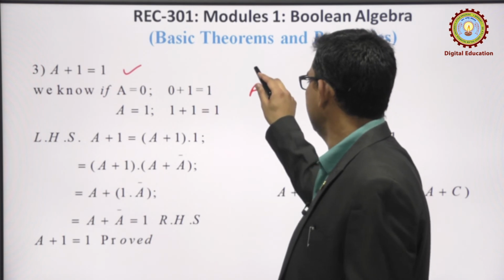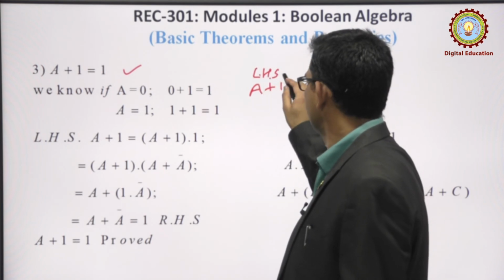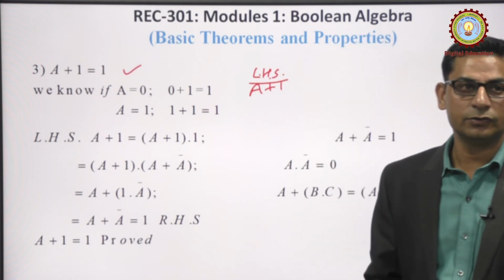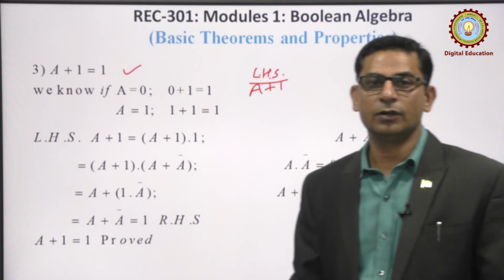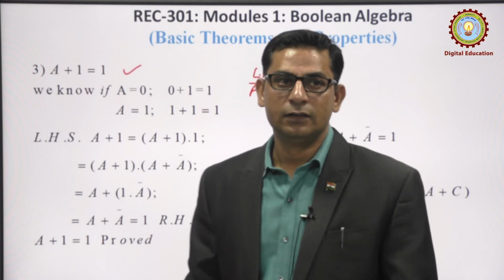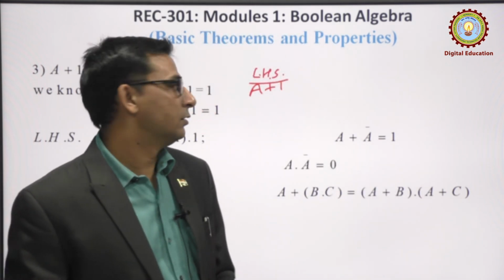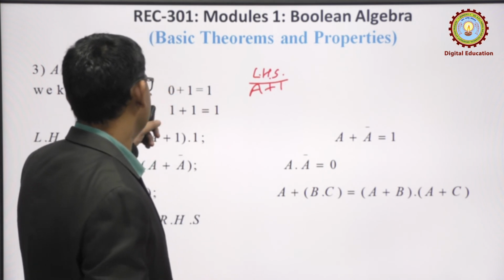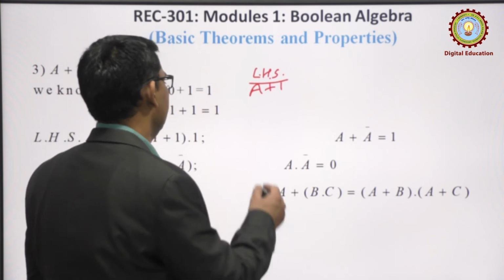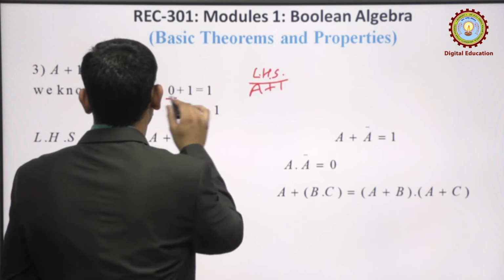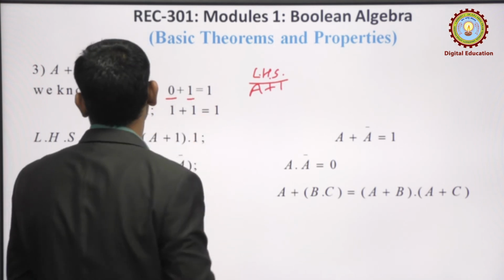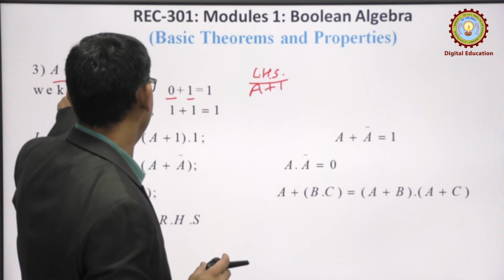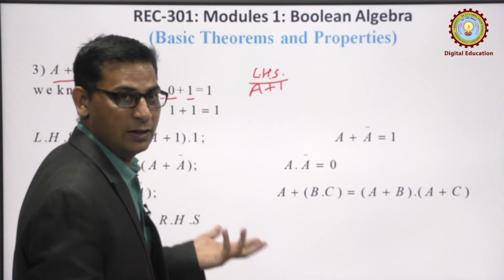This is our left hand side, and we want to check what will be the value of the left hand side if we have A equals to 0. So, if A is equals to 0 means 0 plus 1, because here we have A plus 1. So, 1 will remain always 1.